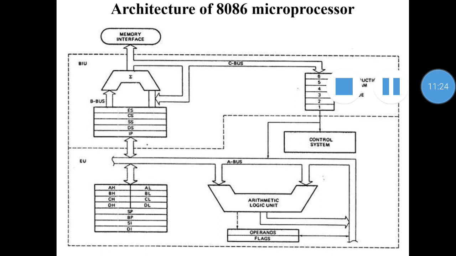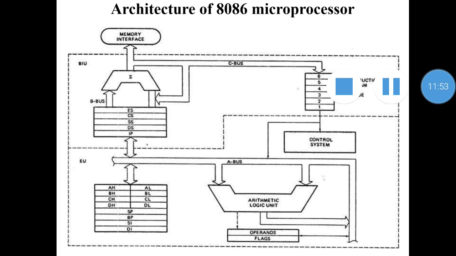This is a new concept. Again I will explain: the execution unit executes instructions and the bus interface unit fetches instructions, and this type of overlap operation of the processor is called pipelining. So this is about the function of this microprocessor.